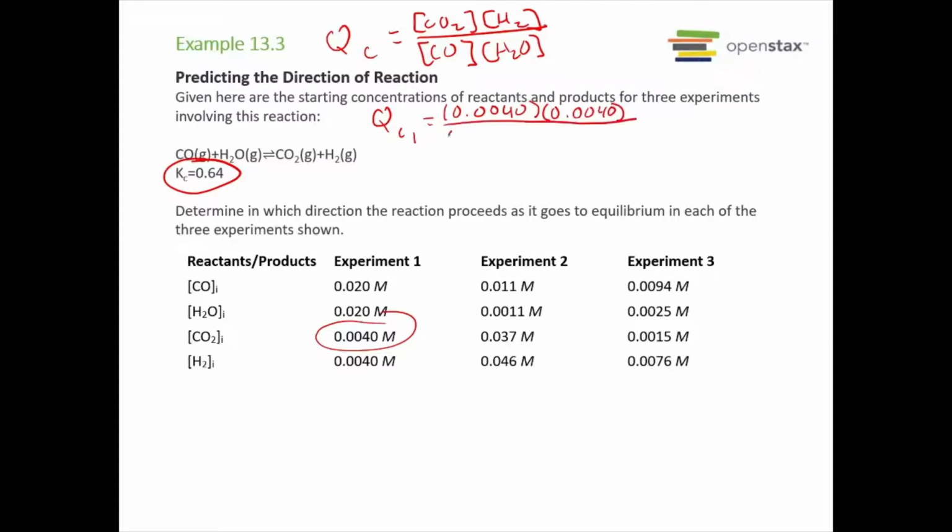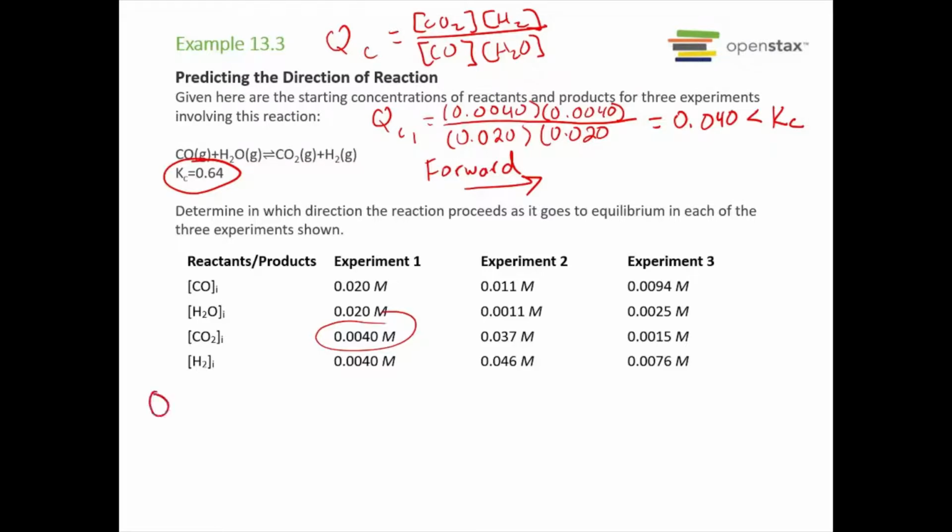Divide this by CO, 0.020, and water at 0.020. And so that comes out to be 0.040, which is less than Kc. So that means that the forward reaction here is how we're going to proceed. We need more product to get to Kc. So the forward reaction.